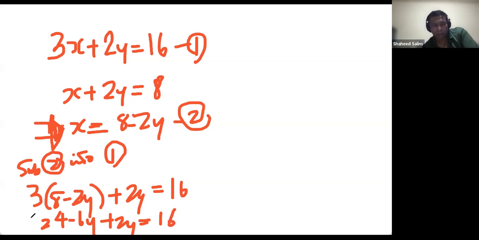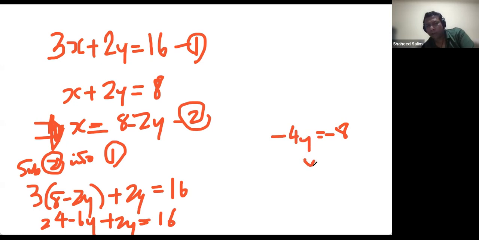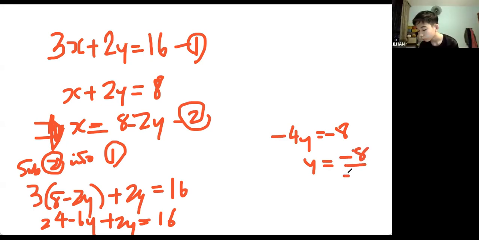So now you bring 24 over that side, becomes minus 24. 16 minus 24 is minus 8. Negative 4y, right? So y equals negative 8 over negative 4, y equals 2.